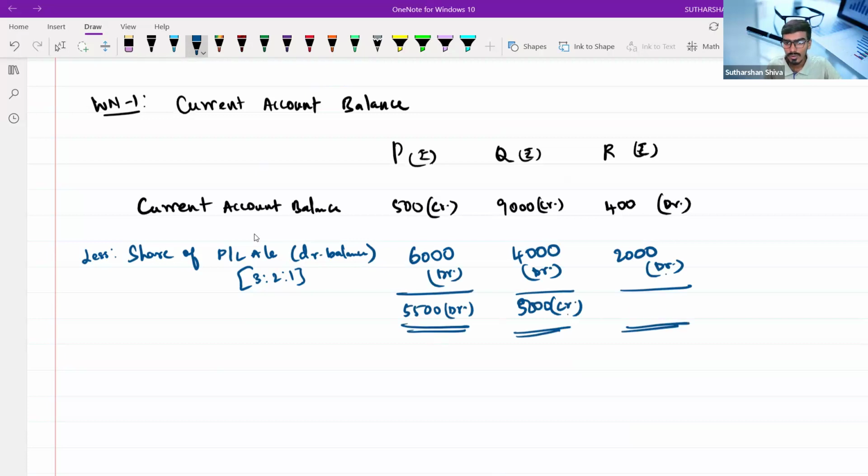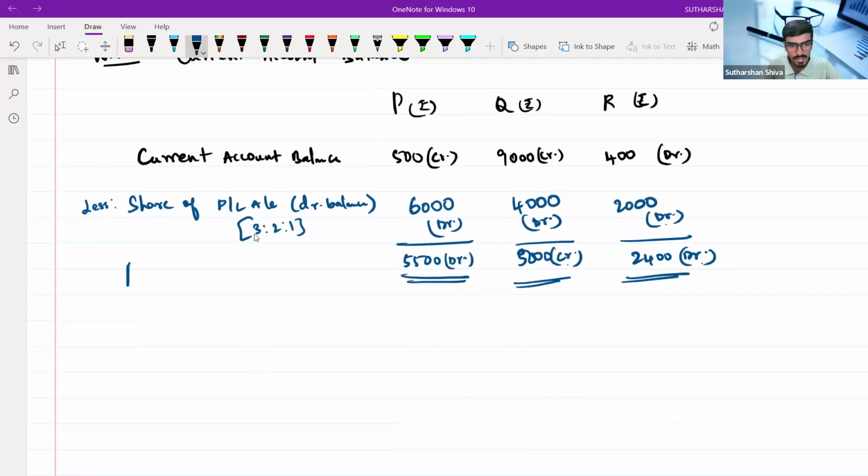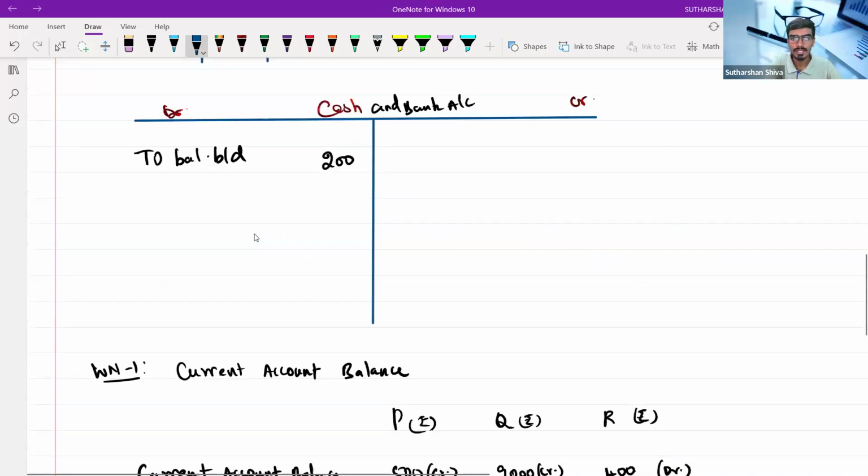Here 2,400 debit. This is known as adjusted current account balance.